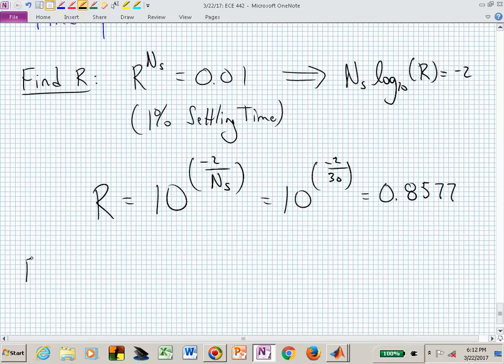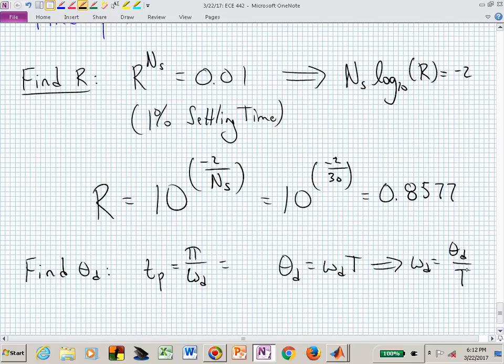If we want to find the angle, then we can use this time to peak, which was pi over omega sub d. But remember that theta sub d was this omega sub d t, which gives rise to omega sub d equaling theta sub d over t.